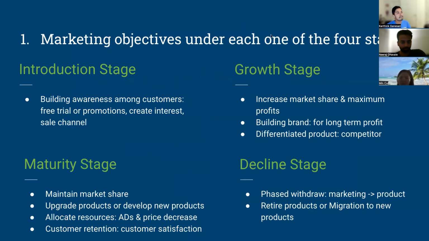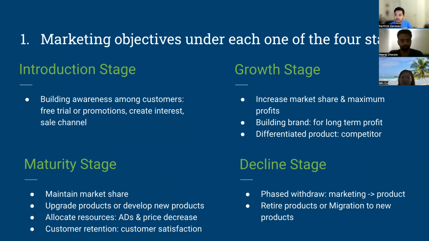Thank you, Karthik. So I will introduce the marketing objectives under each one of the 4 stages. So we have 4 stages: introduction, growth, maturity and decline. So in the introduction stage, the most important thing is we need to build awareness among customers.